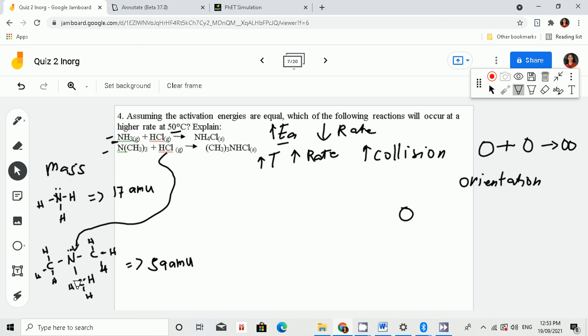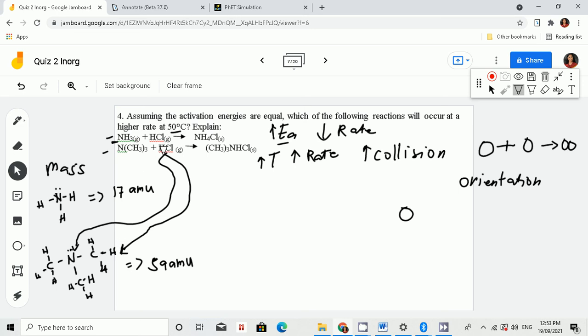But because trimethylamine is very big, it spins and spins, and there are times that the H in HCl may collide with the CH3 group, which is not successful.